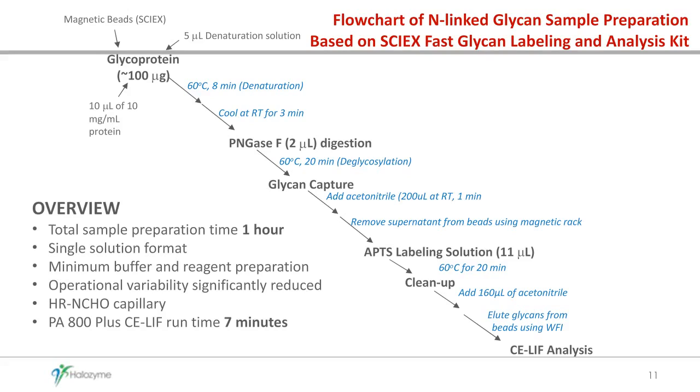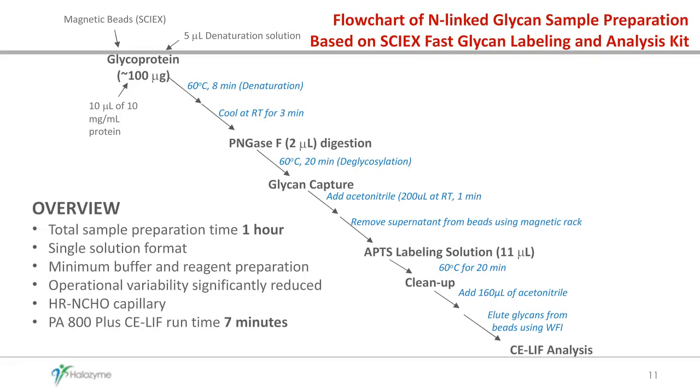We have just started to use this, so we haven't tested a lot of samples, but I do understand that there's a 96-well plate magnetic rack. You can do this on a 96-well plate for high throughput samples, and that's where we want to go for our QbD studies.